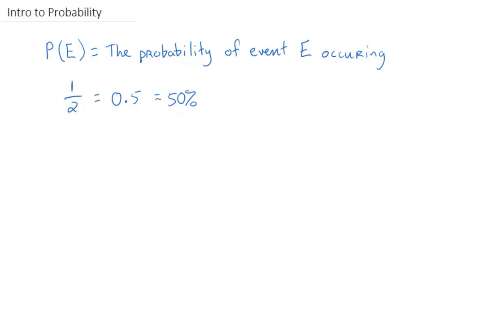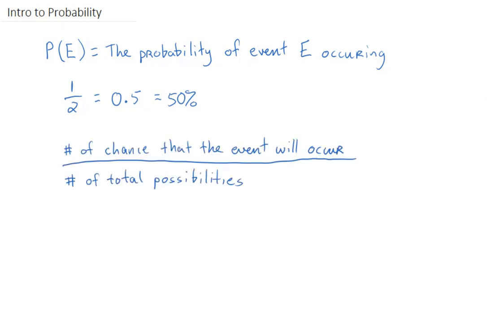When we look at probability as a fraction, the top number means something and the bottom number means something, which is one of the reasons why we like expressing it as a fraction. The top number would be the number of chances that an event will occur, the event that we care about. And the bottom number is the total number of possibilities in that situation.